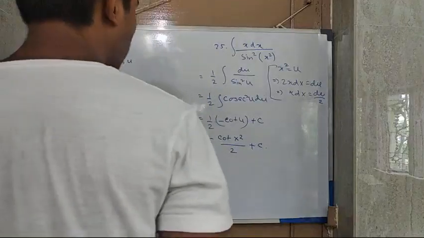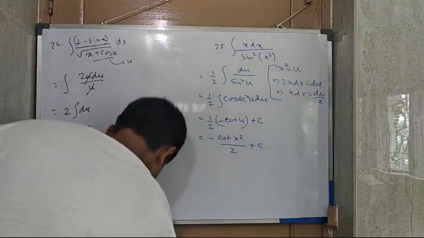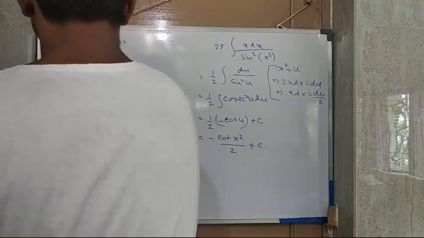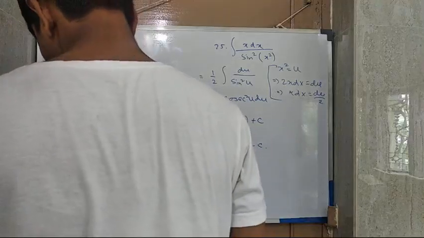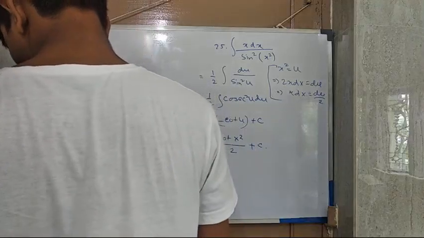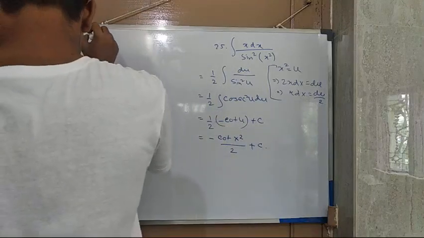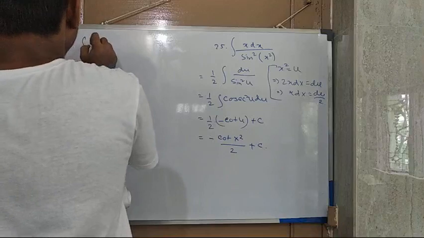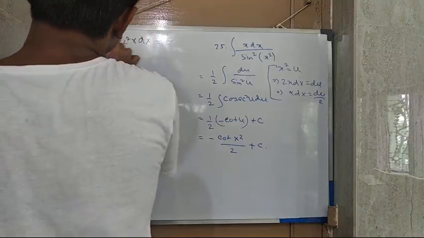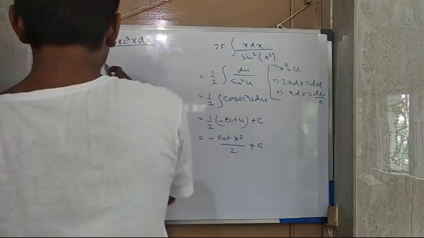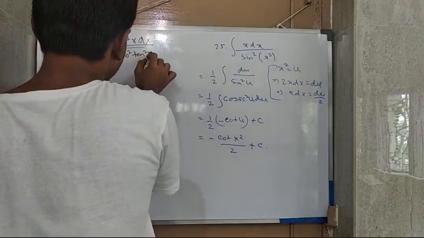So let's proceed to the 26th integral. The 26th integral is the integral of tan x sec squared x dx divided by root under a squared plus b squared tan squared x.